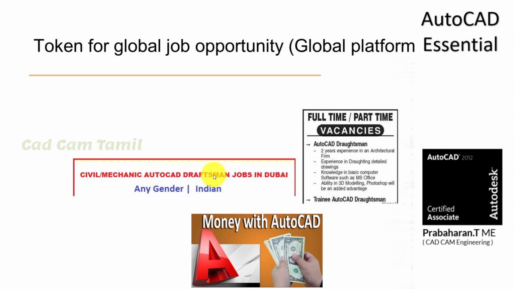Why? Because we are using global software which is manufactured by the Autodesk company. I said 99% of the industries and institutions across the world are using it. So once you know these AutoCAD essentials, you are eligible to get a job anywhere in the world.